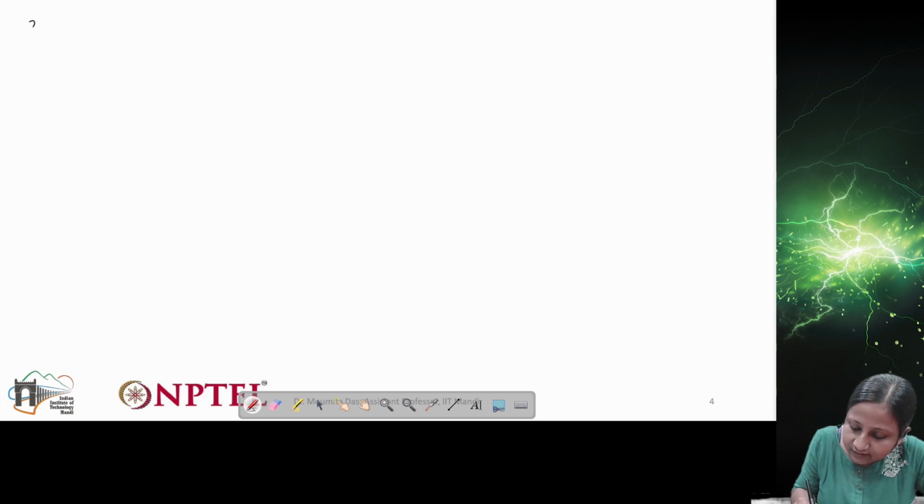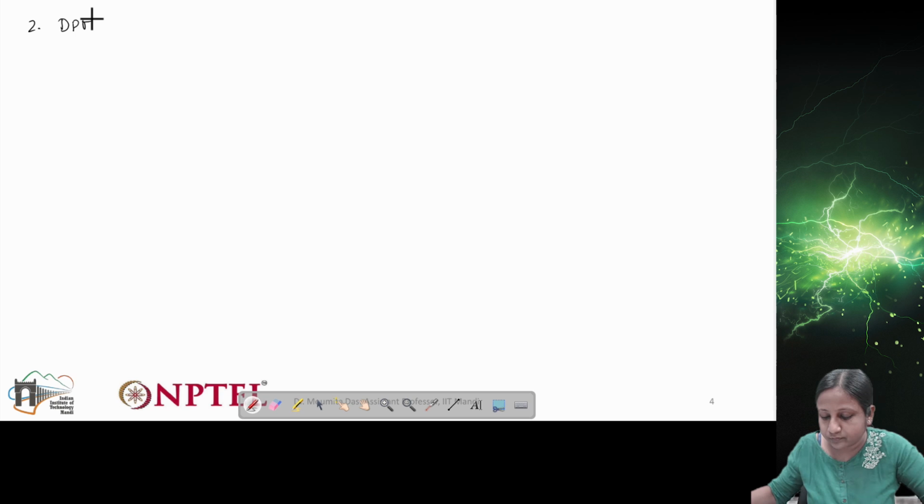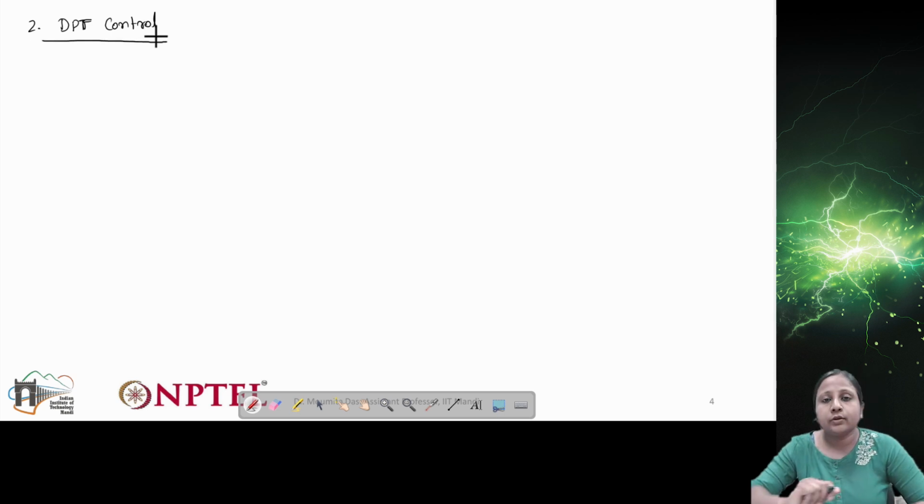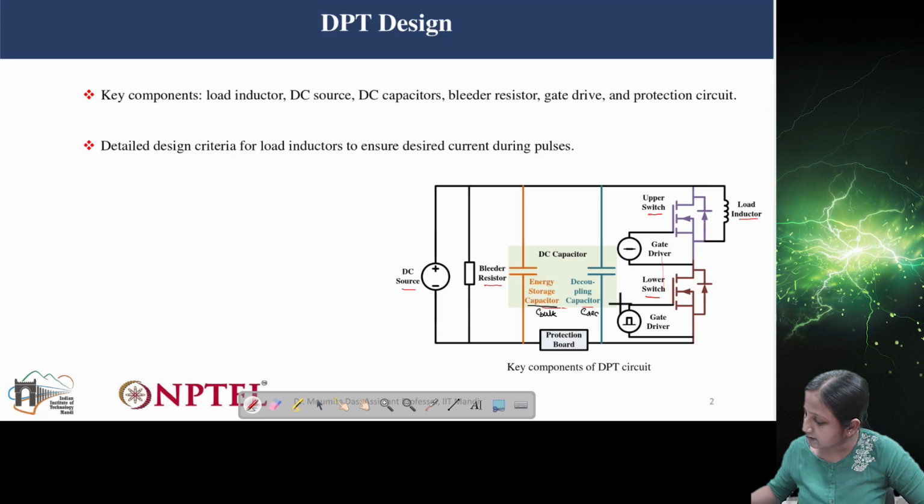Now the second thing is the DPT control. When I say control, you can see in the circuit that the load inductor is connected across the upper switch. That means the device under test is the lower switch.